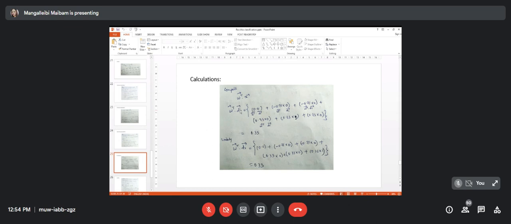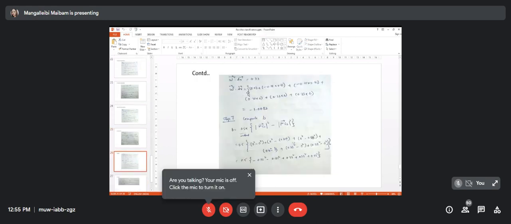We substitute the value, do a dot product here, and we got this value. For D1, using the separating hyperplane equation, we got 0.33 after calculation. For D2 we got this one. Similarly, up to D4 we have calculated, and finally we will be computing B.